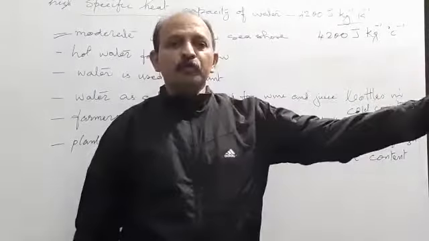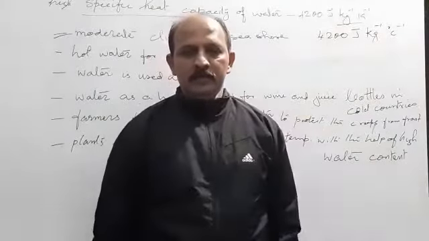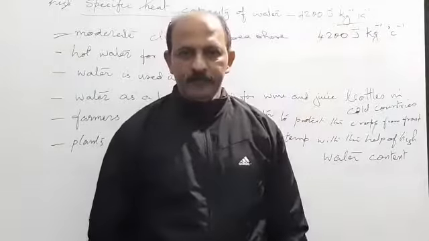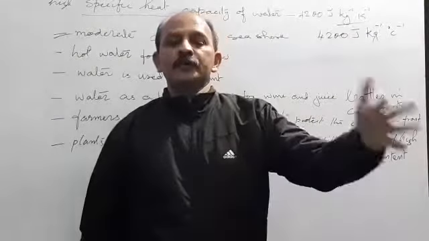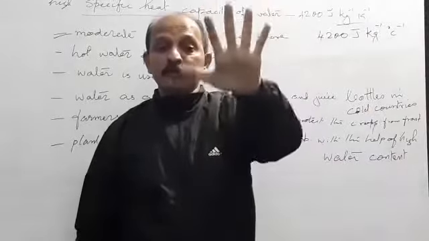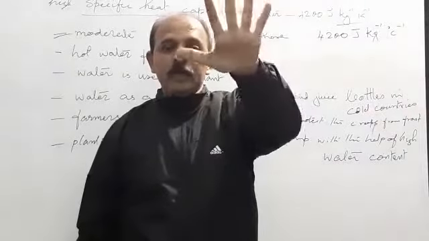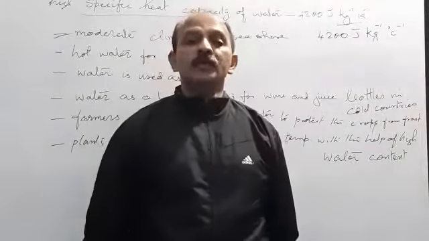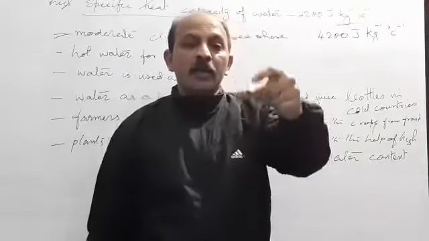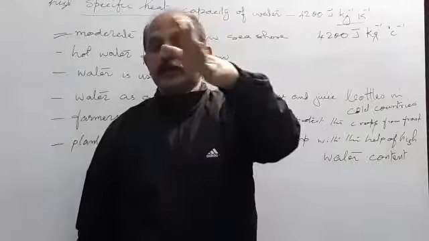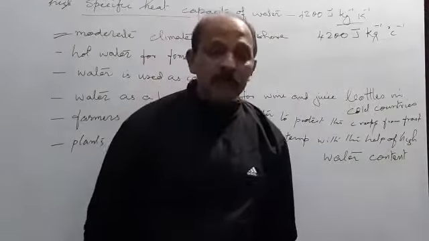But when we go to places like Mumbai, Calcutta, Trivandrum, in such areas we don't have this problem. They have almost moderate weather or climatic conditions throughout the year. The reason is high specific heat of water and the presence of sea over there.